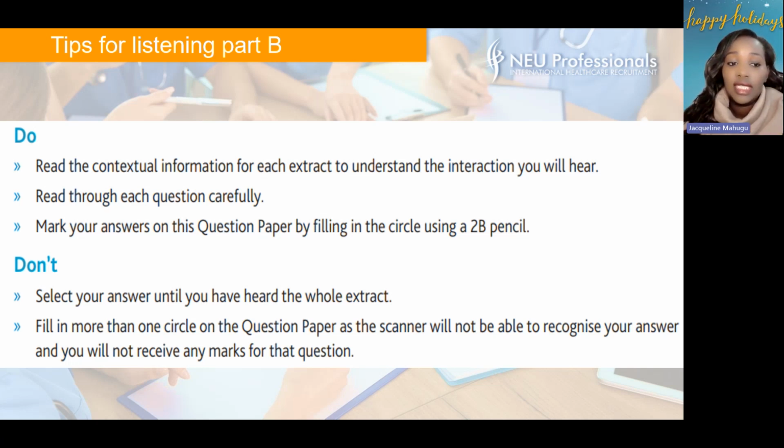Sometimes that happens even in class where we're listening to something and somebody believes they've had the answer, and then when the extract is over, you realize that you got it wrong because they said something at the beginning that sounded like it could be the answer, until you listen to the whole extract and you realize that the answer was at the end when we listen again. So this is for part B, not part C. Part B is where you listen to the whole extract. So until you have had the whole extract, don't select your answer.